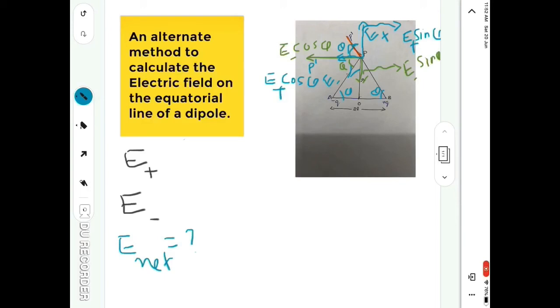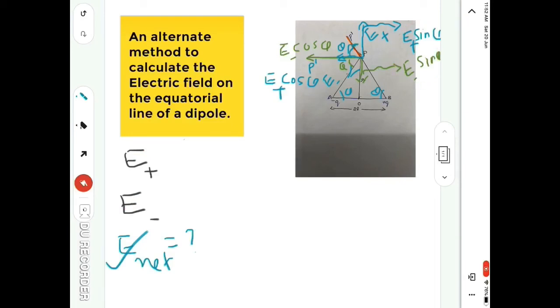Now these components can be combined together to decide the E net. And when you look at the vertical components first, we have E plus sin theta and E minus sin theta directed in opposite directions. And more, when you have E plus and E minus equal, both these components appear equal.